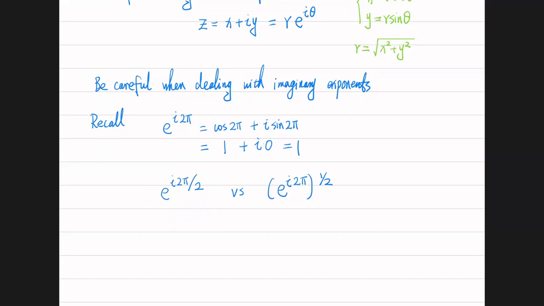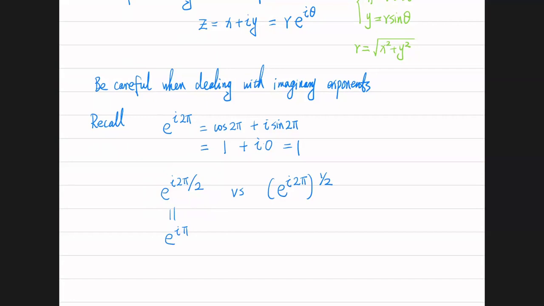You mean this one divided by 2? Okay, let's start with the exponent. Can you simplify this? Yeah, so it's like i times 180. Okay, so simplify it. First, we get e^(iπ).